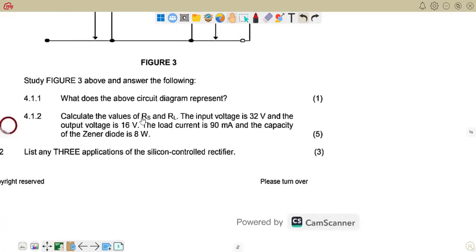The next question is 4.1.2, calculate the values of RS, RL. The input voltage is 32 volts and the output voltage is 16 volts, the load current is 90 milliamperes and the capacity of the Zener diode is 8 watts. That's the information you've been given.